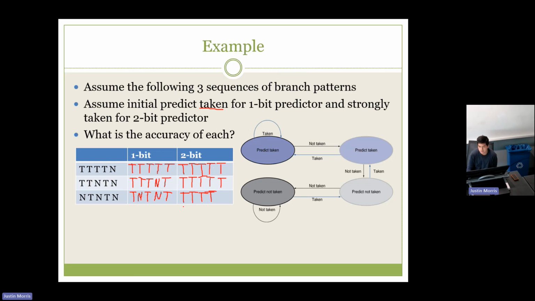Move back to strongly taken. Predict taken. We're wrong. Move to weakly taken. So it takes 2 wrongs in a row in order for us to switch from predicting taken to predicting not taken. And none of these have that pattern, which is why we are always looking for these patterns.